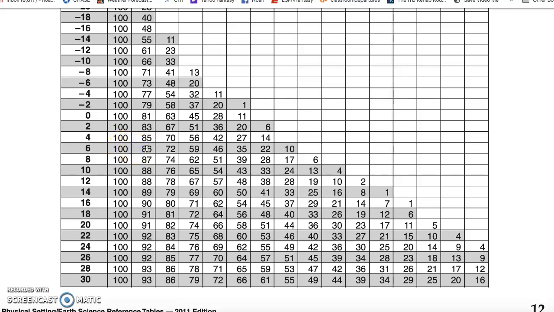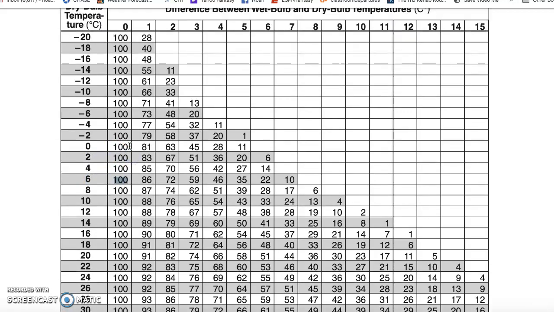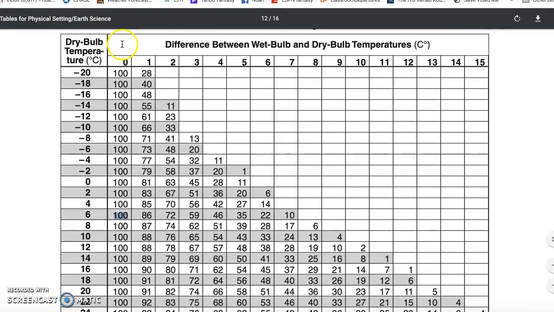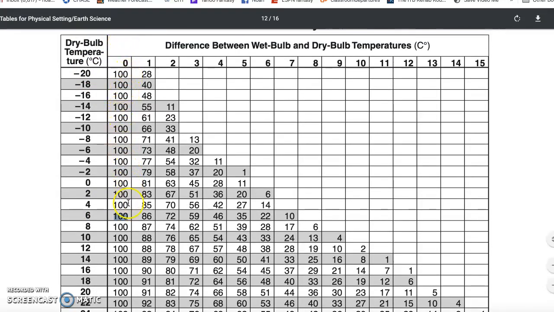And as we said before we started, if we had a difference of 0, if the wet bulb temperature didn't drop, there was no evaporation off the wet bulb, so we knew the air was filled with water and no evaporation could occur. So 6 and 0 would be 100%. In fact, any dry bulb and wet bulb being the same value will give you 100% humidity.